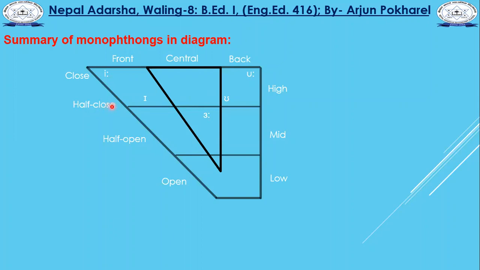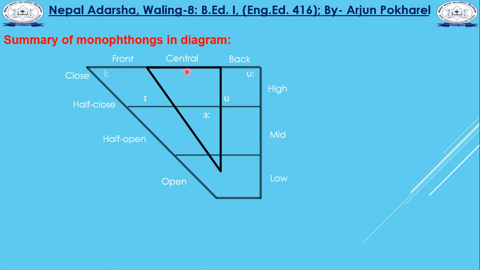E, U, and A are half closed vowels according to British pronunciation. But according to American pronunciation, they are high vowels. That's why these four are high vowels.